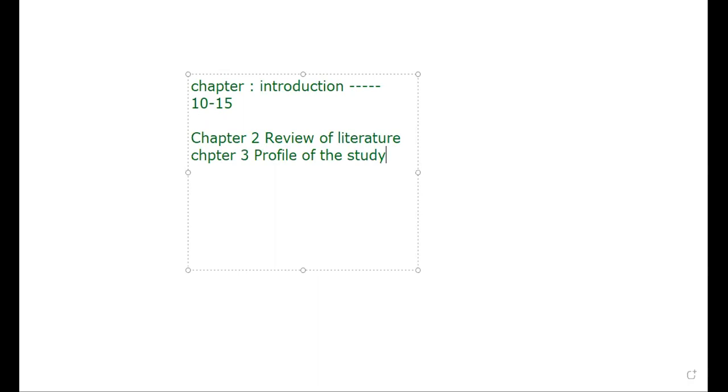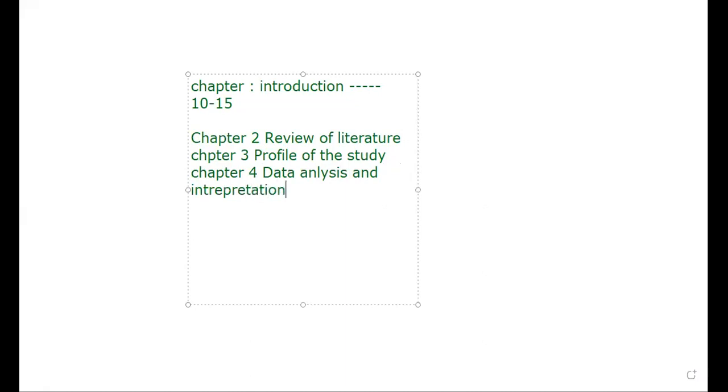After the profile of the study, you come directly to chapter number 4, which is data analysis and interpretation.